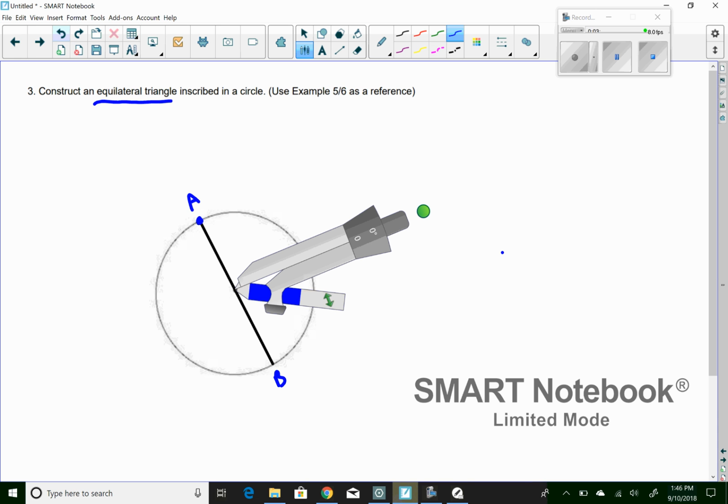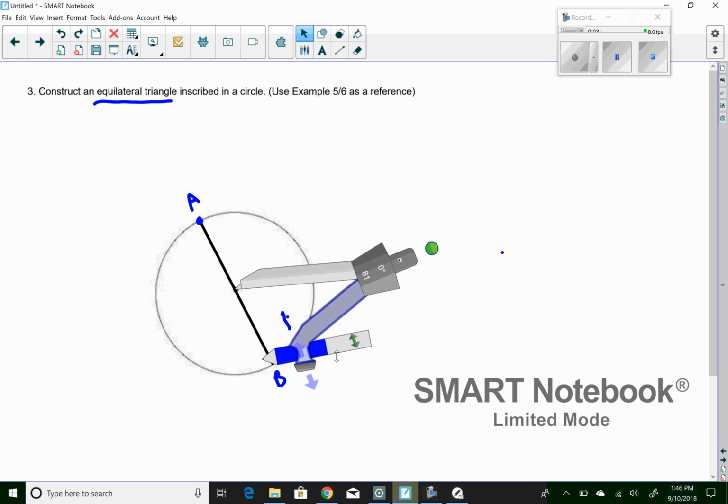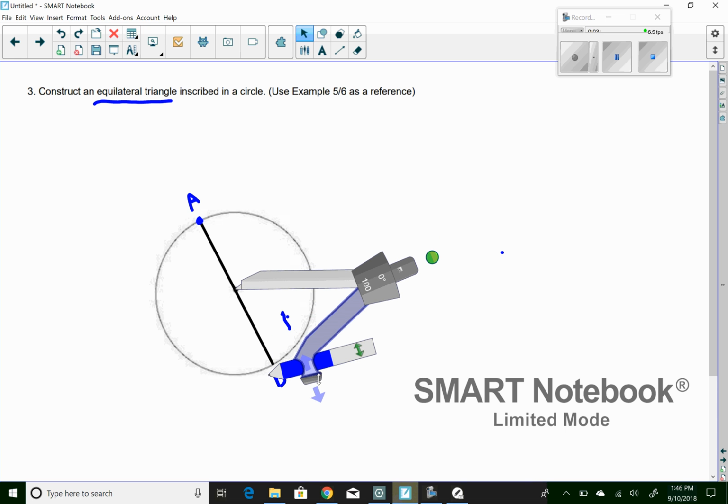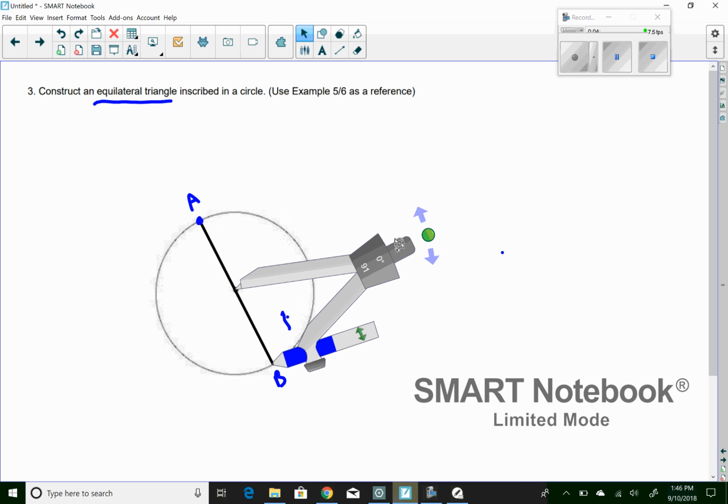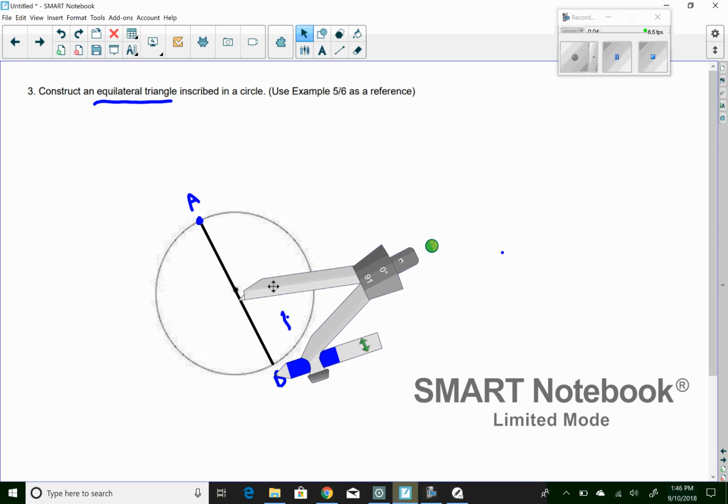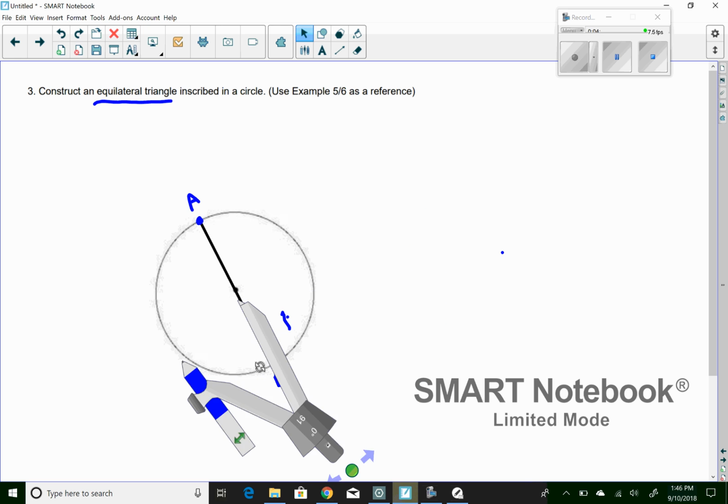Okay. So if I open up the compass to B, I then can make a mark from either A or B using that same distance.